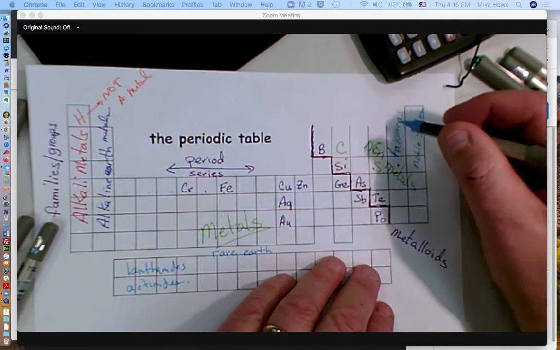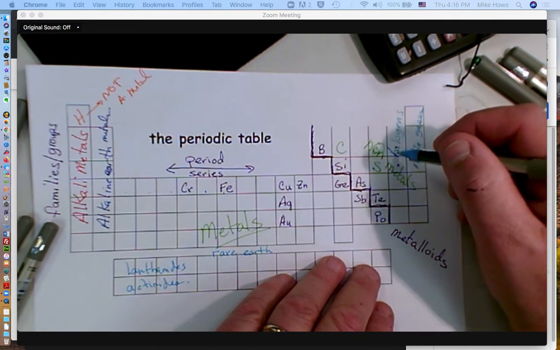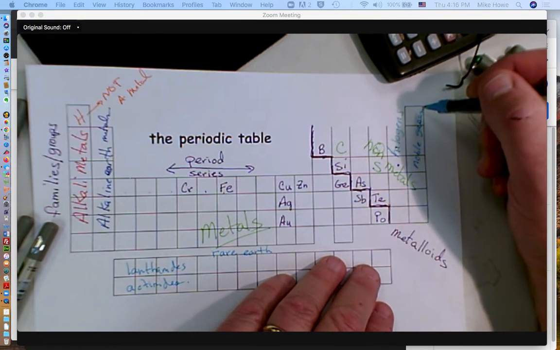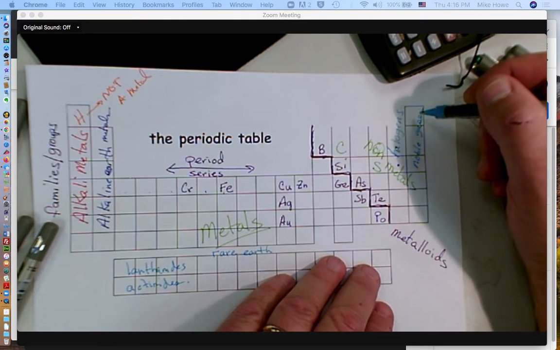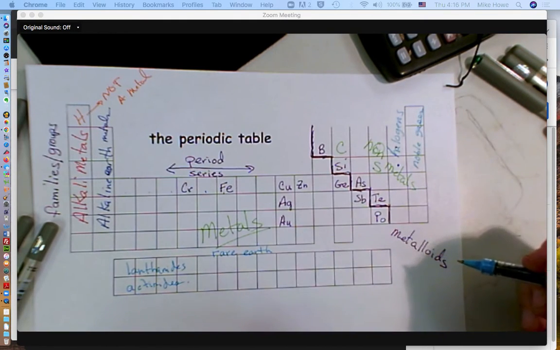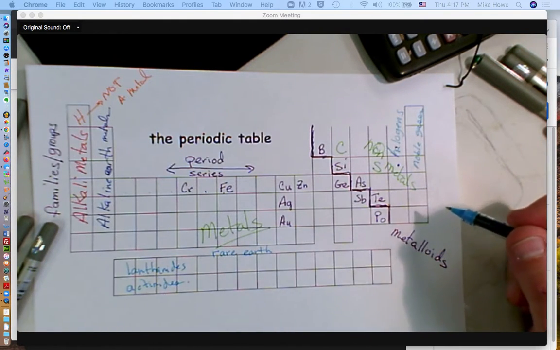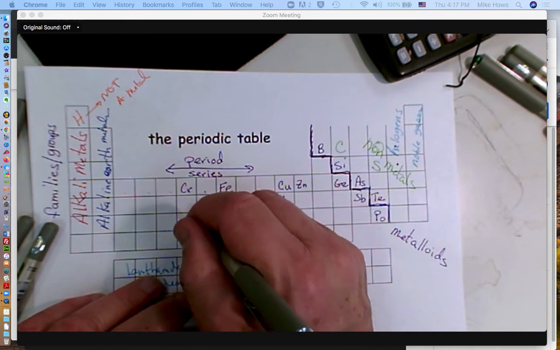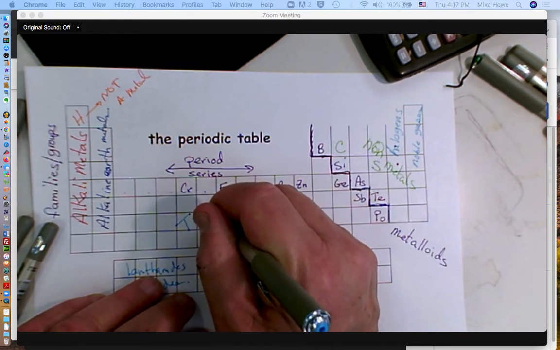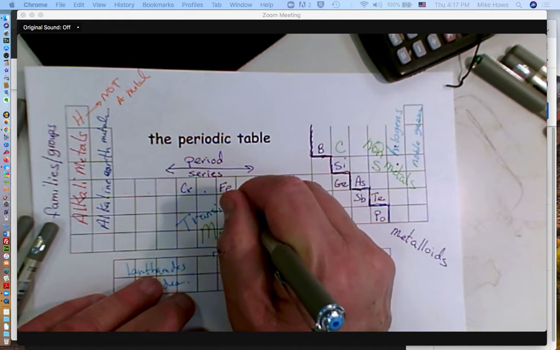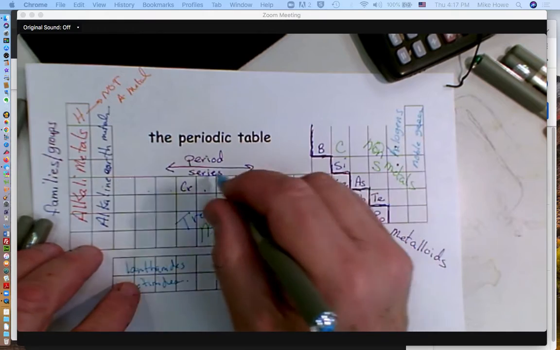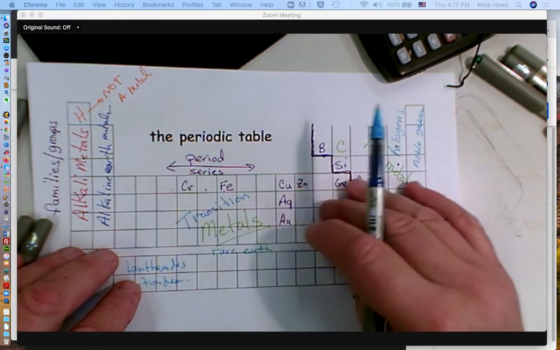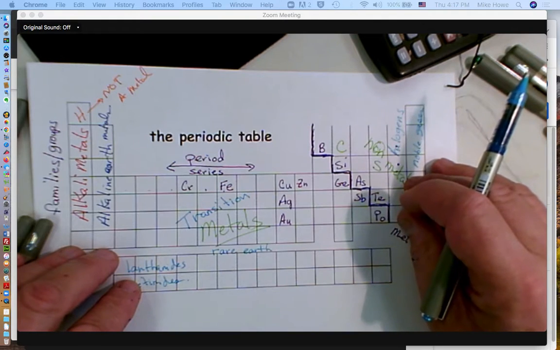Okay, now all of these are nonmetals, but this family of nonmetals has a special name, the halogens, and this family of nonmetals has a special name, the noble gases. Okay, I think I need to tell you this, almost forgot. This group of metals in here is known as the transition metals, as you're moving from metal to non-metals, transitioning, if you want to think of it that way.